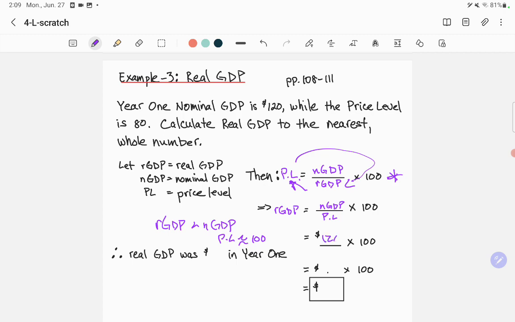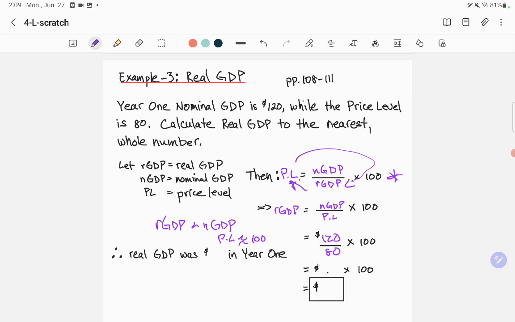What do we have here? Nominal is 120, price level is 80. Oops. Looks like we've got a tricky professor here. That's 12 over 8. 3 over 2. 166, 167, nope, 150.